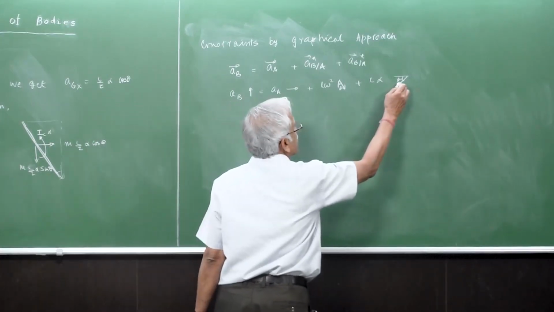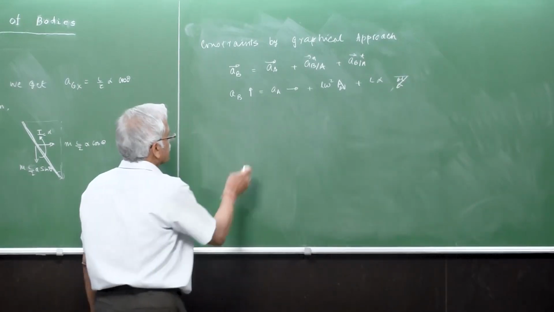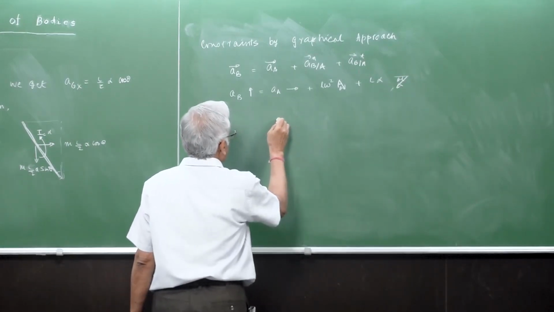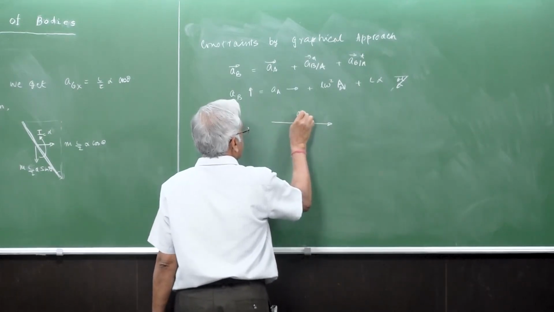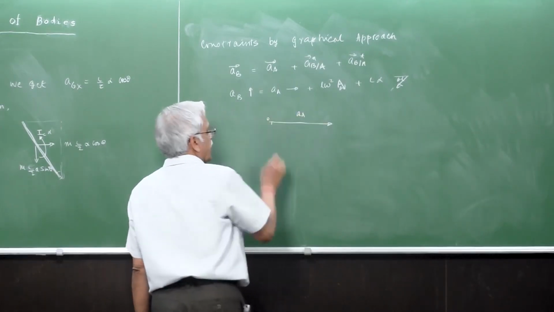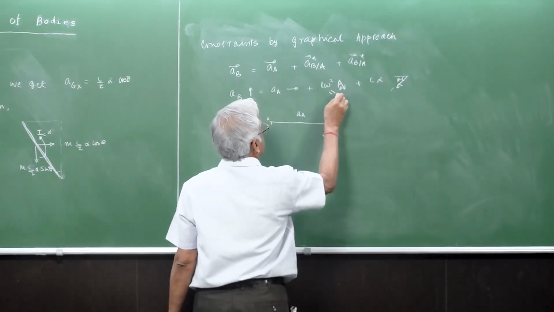In fact, whether this is in this direction or in the upward direction, we do not know. So this can be drawn. This is acceleration of A, and here omega is 0.